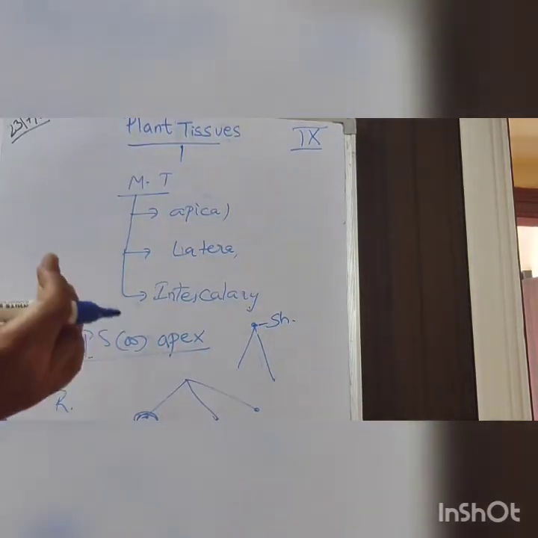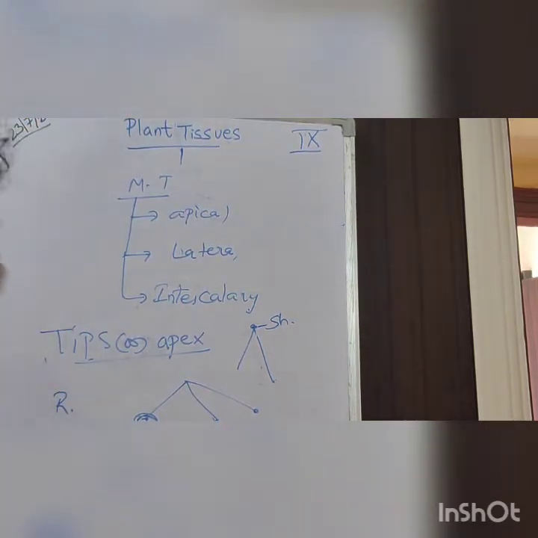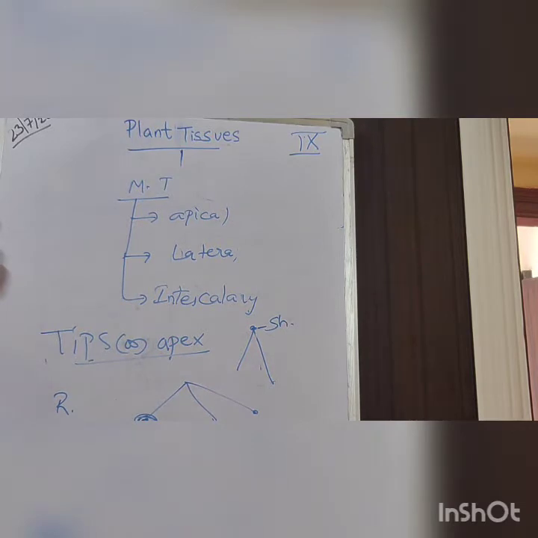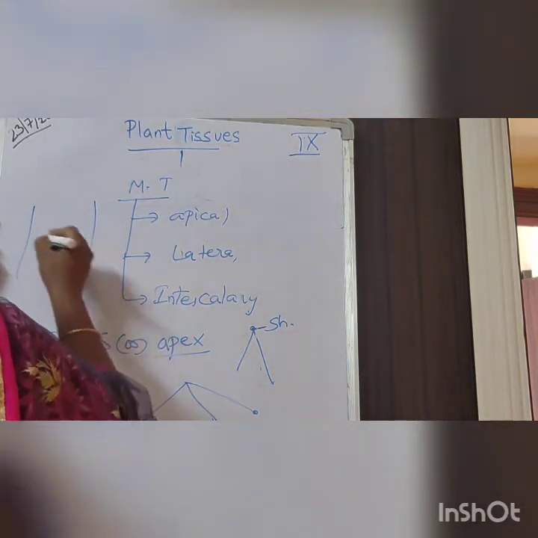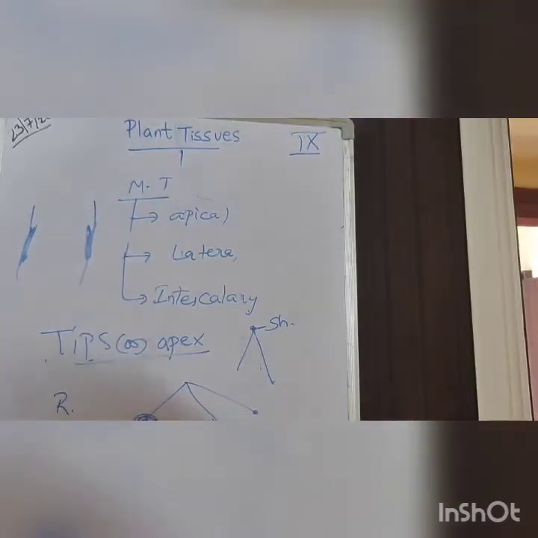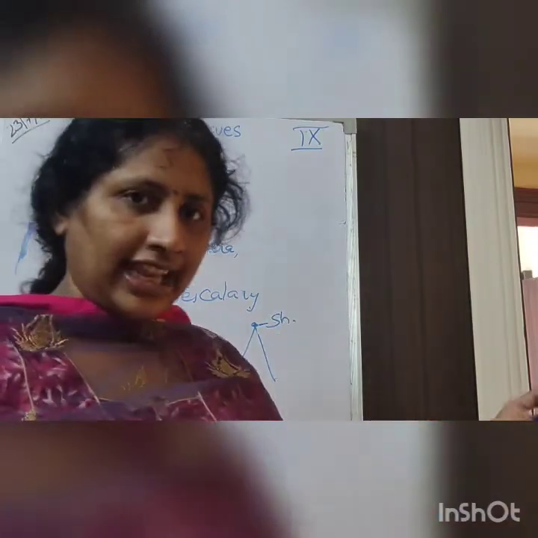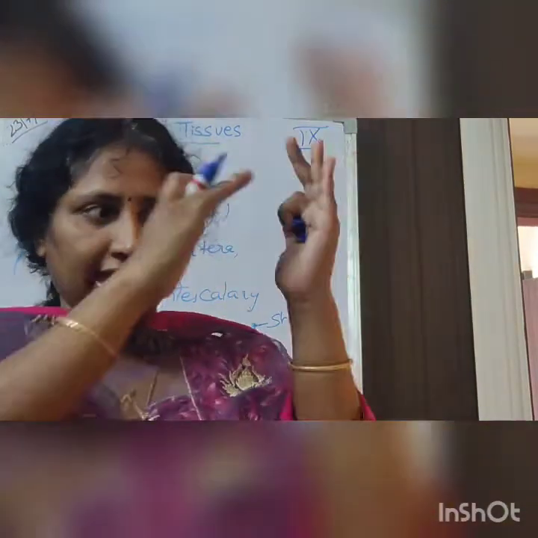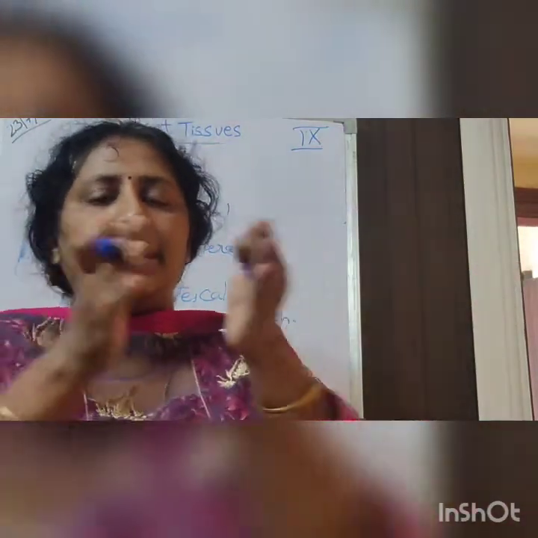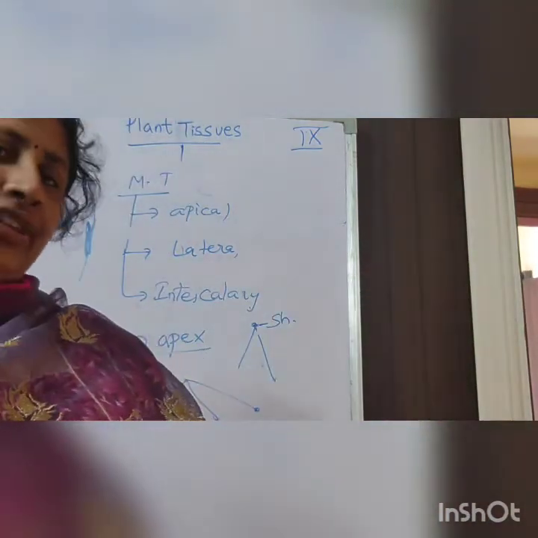Clear? Then where is the lateral meristematic tissue present? Here on the lateral sides. This is helping the plant to grow in width like this.